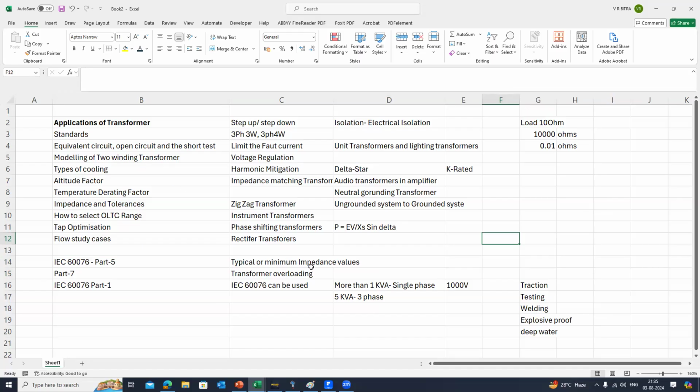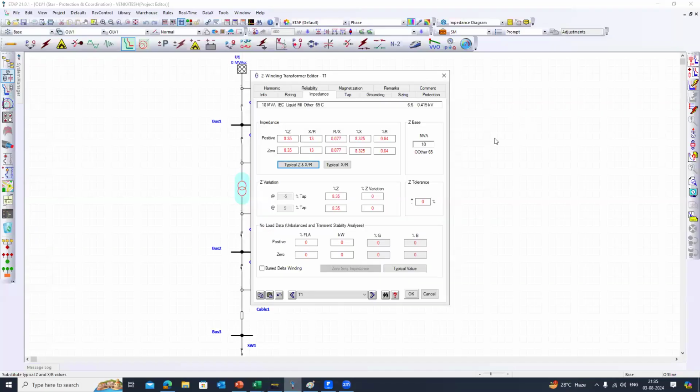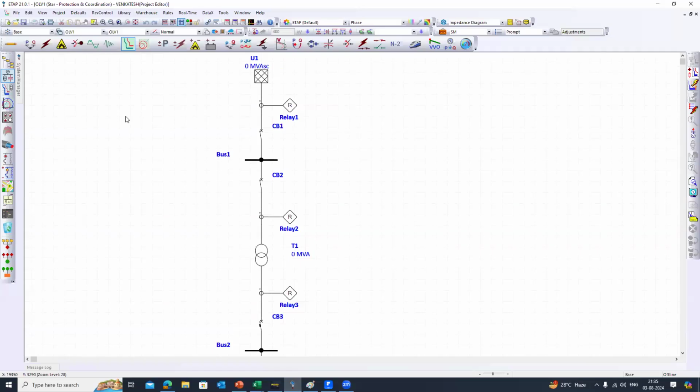Have you already covered these things in your sessions? Yeah, during the transformer topic, we have covered what standard we follow for the transformer. So, yeah, you can go with the next. Okay, right. Then I will directly jump into ETAP and explain these concepts in ETAP itself. Right. Fine.